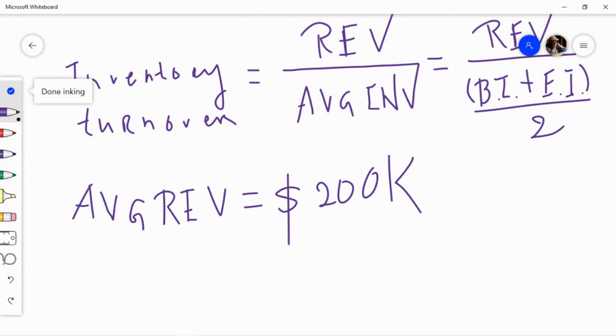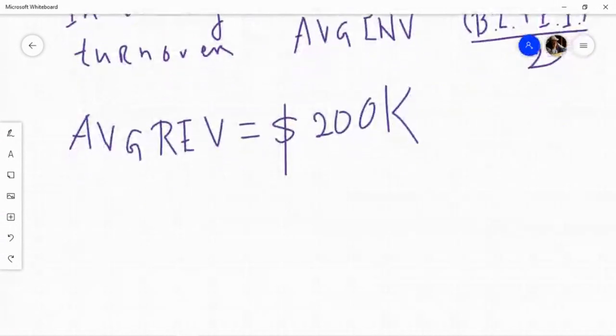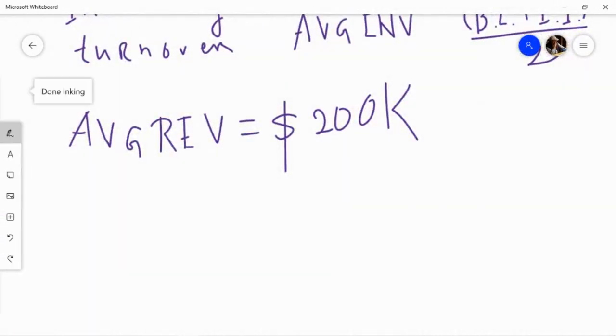And then you would normally keep, when you begin the month, just about $200,000 worth of inventory. So usually when you start the month, you will have beginning inventory, right?